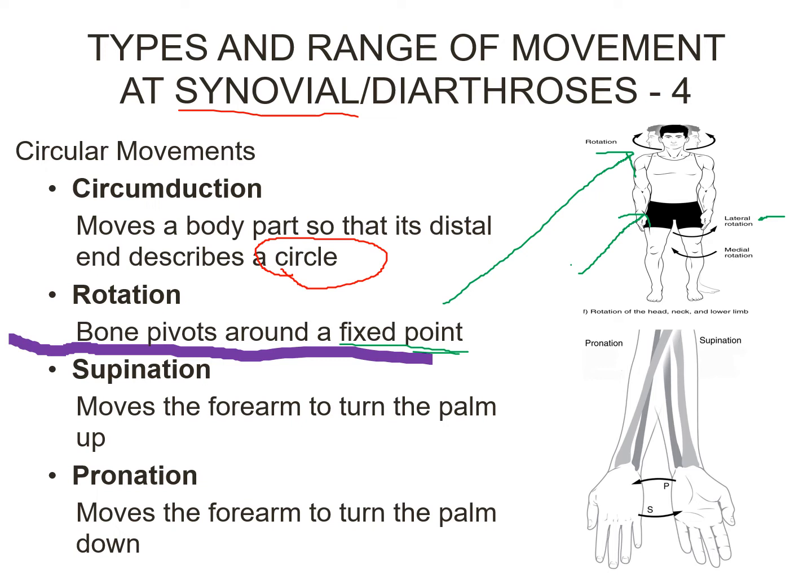Yes, that does happen in the foot, but supination and pronation as a foot strike is how your foot strikes the ground. Regarding joint movement, which is what we're talking about, this only occurs in the forearm, the radius-ulna region.